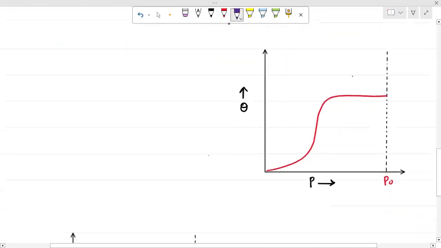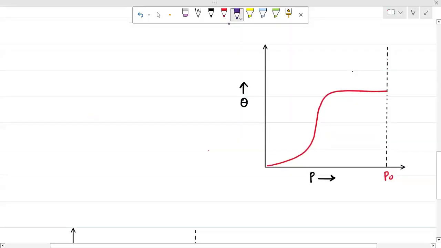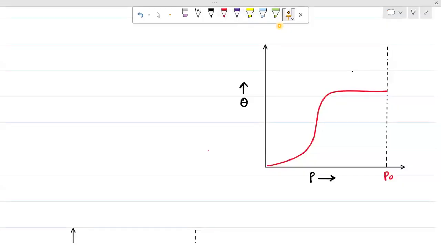Now I'll show you the next graph. Try to interpret by your own. So see, here what you can see is initially itself, you have to see the difference.